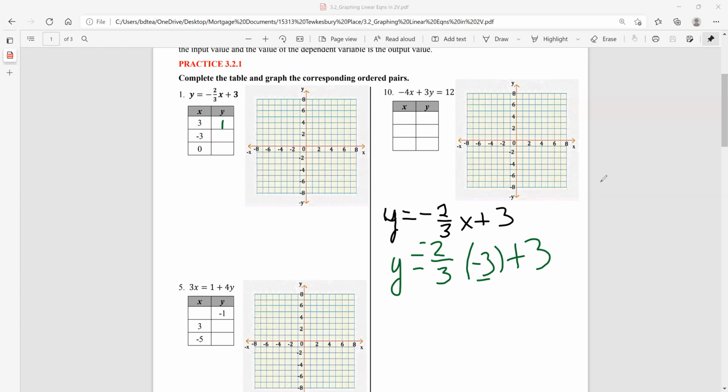Again, this is like 3/1, and these 3's can cancel. We have 2 negative numbers here, so that makes it a positive. So we have y equals 2 plus 3, and here y equals 5. So when x is negative 3, y is 5.